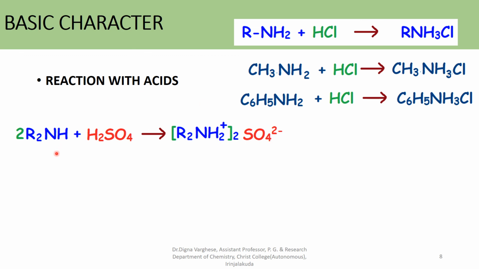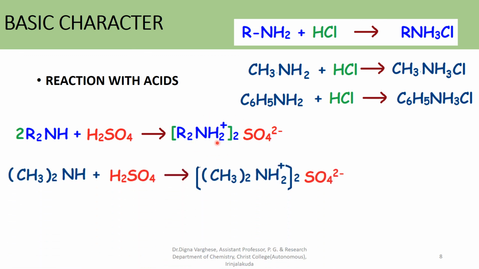Here is a reaction between a secondary amine and sulfuric acid to form a dialkyl ammonium sulfate. Here you can see dimethylamine reacts with sulfuric acid to form dimethyl ammonium sulfate.